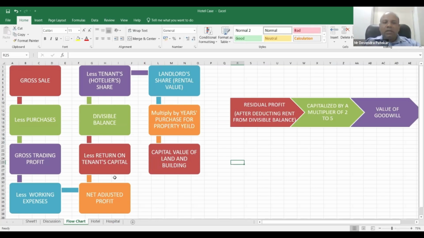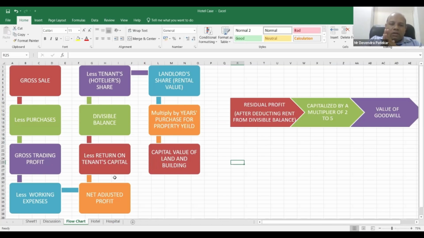So he had spent 30 crore rupees for constructing the entire hotel building. Now, he would expect a certain return on account of the capital spent on the building. Again, there will be plant and machinery, working capital. So all those expenses would be there in the tenant's capital. Now, from that tenant capital, he would expect, let's say, every year 10% or 15% return over the tenant's capital.